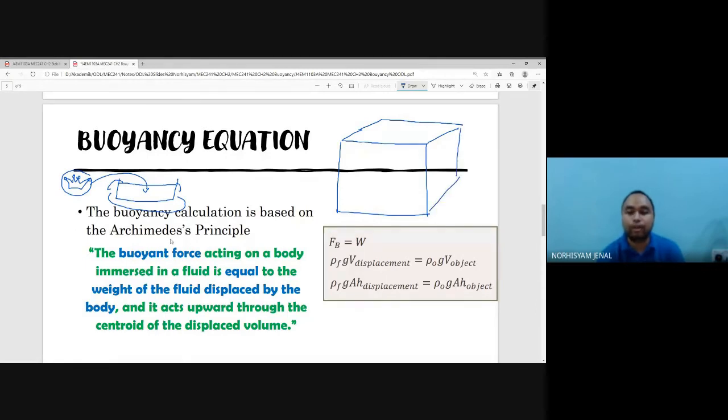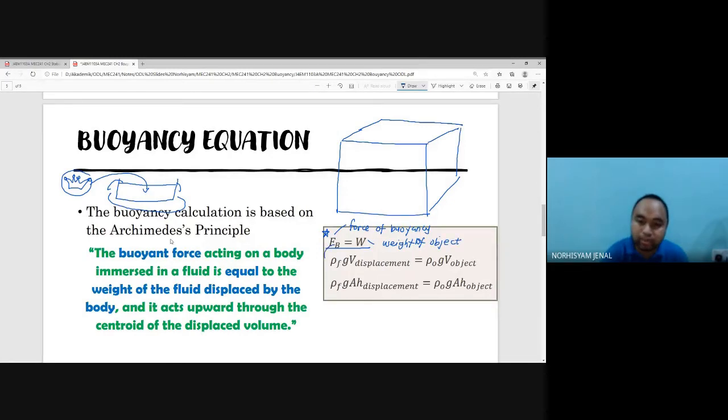Whenever we learn about buoyancy, as I said last time, we have to learn whether the body is sinking, suspended, or floating. The equation for buoyancy is FB is equal to W, where FB is force of buoyancy and W is weight of the object.